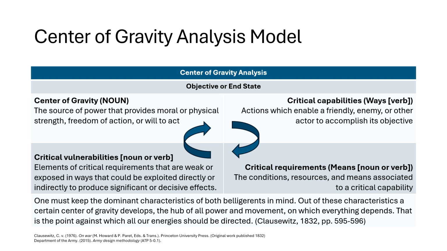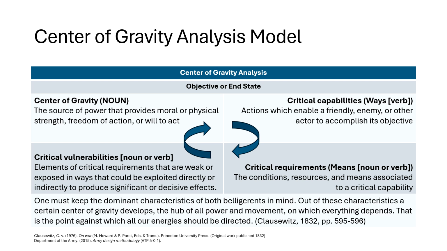Next, we identify critical capabilities. These are the key things the actor must do to achieve its objective. These actions are usually described using verbs like defend, maneuver, or govern. To carry out those actions, certain critical requirements must be met. These are the conditions, resources, or systems that support the capabilities. They are the enablers that keep the system running.